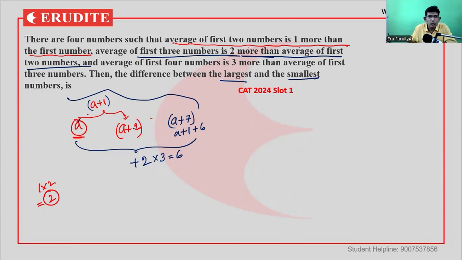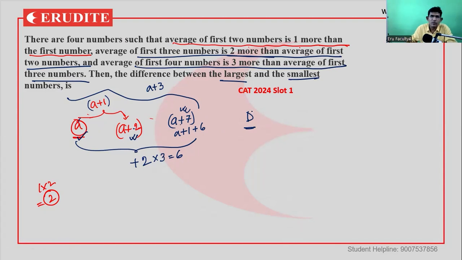The average of the 3 is 2 more than the average of the first 2 numbers, which means A plus 3. Okay. Now, what is the fourth number? So let's say this is the first number, this is the second number, this is the third number, and the fourth number, let's take D. Now, the average of the first 4 numbers is 3 more than the average of the first 3 numbers.